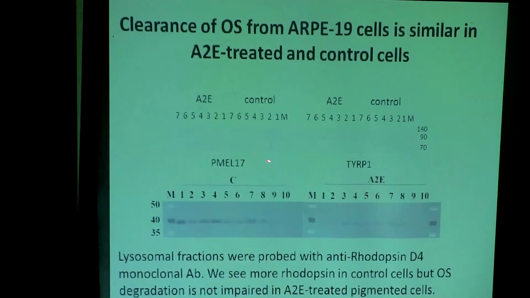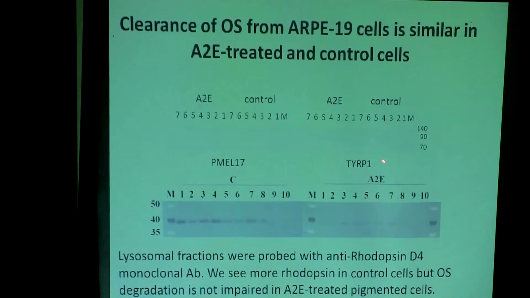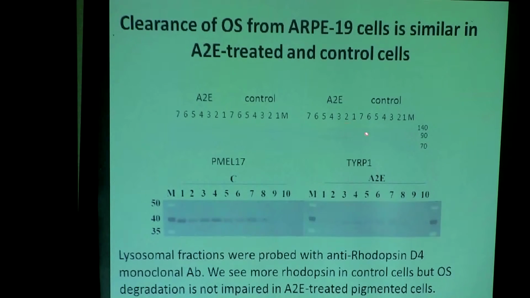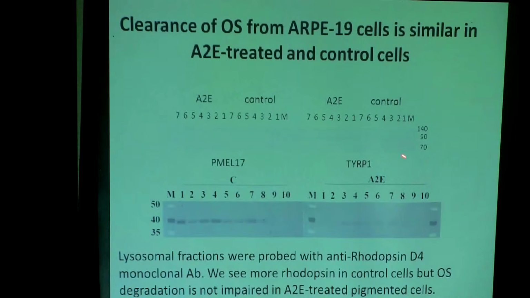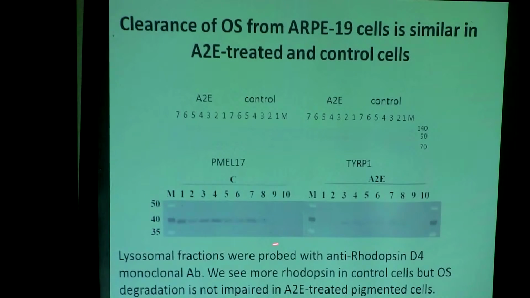Also, you cannot see it very well, but there is presence of melanization markers in the lysosomal fraction, MEL17 and TRP1. TRP1 is one of the enzymes which produces melanin, and you can definitely see an increase in A2E-treated cells.